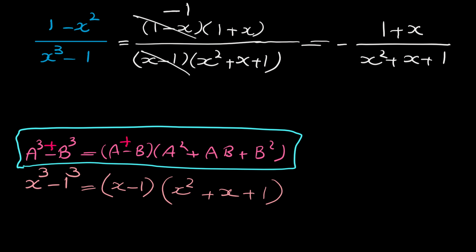So a to the 3 plus b to the 3 is a plus b, and then in the other bracket we have a to the 2 minus ab plus b to the 2. So if here is a plus, then here is also a plus, and here is a minus, not a plus. This is the identity that you can keep in your head for factoring expressions that involve power 3, like x to the 3 minus 1 or x to the 3 plus 1, things like that.